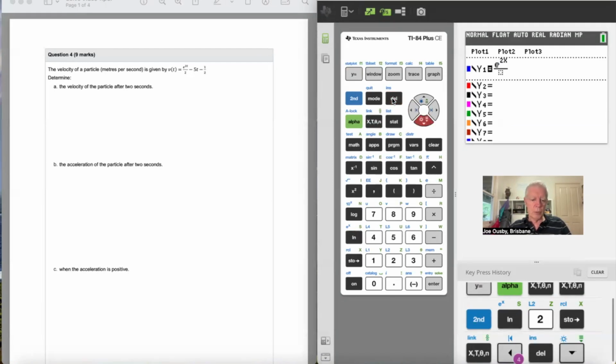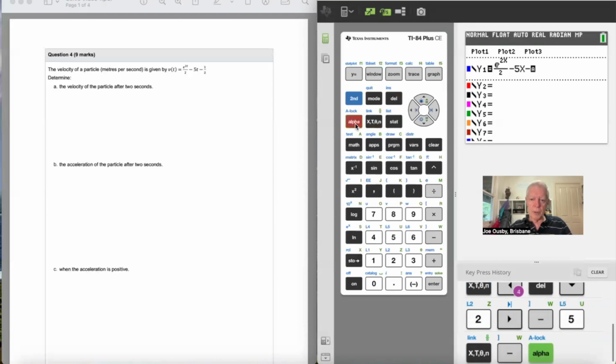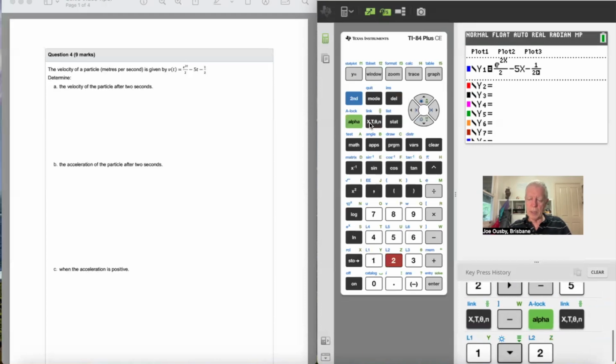And that was on 2, subtract 5x, subtract 1/2. I could put 0.5 there, but I tend to put it exactly the way it is, so it's easy to check. I can actually tell whether I've got the right thing. So pretty much that's done.